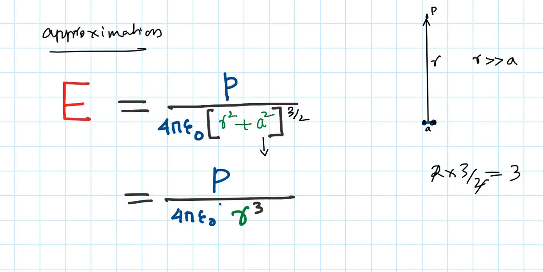That's the approximation. That's how good the approximation here is. So you have the electric field at the equatorial point after approximation, and it gives you an expression that looks very similar to the previous case, but there is a slight difference. Can you point out the difference between the approximate expressions in the axial and equatorial cases?